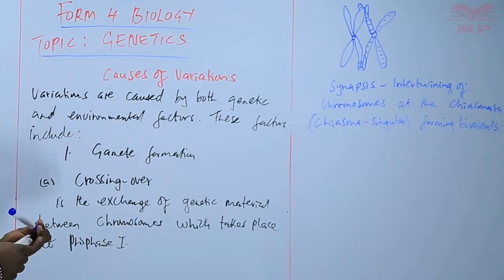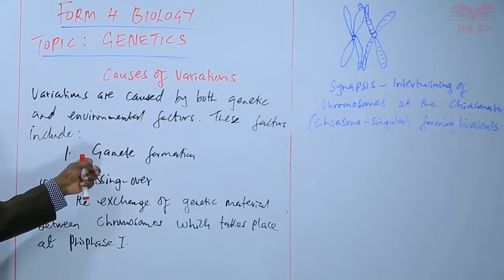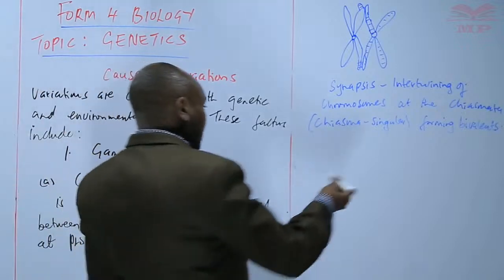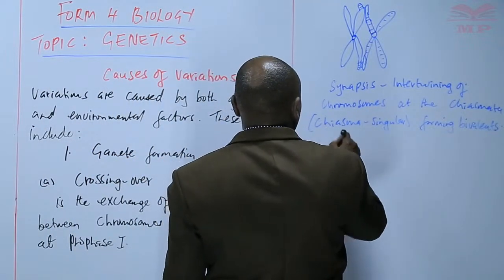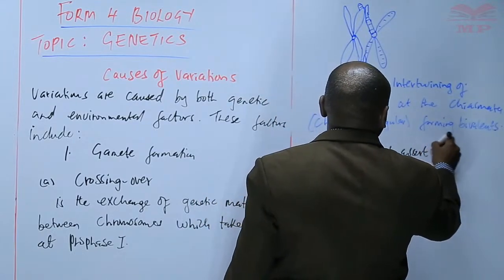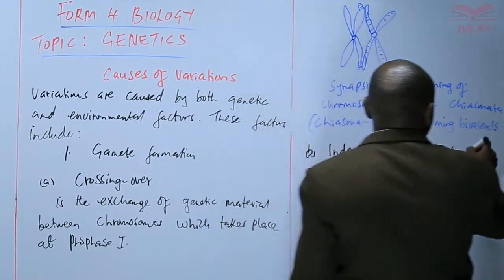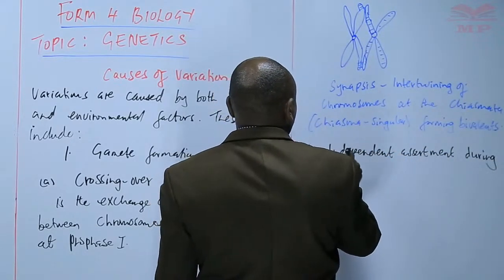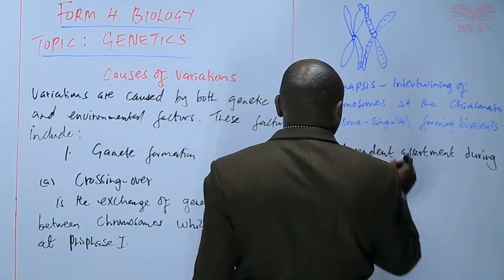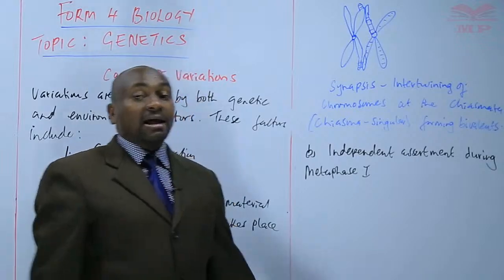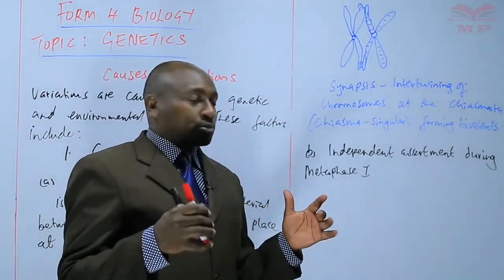Another stage in gamete formation where variations can occur is what we call independent assortment, which occurs during metaphase 1. Independent assortment simply means random assortment.